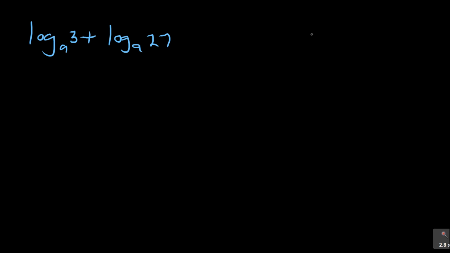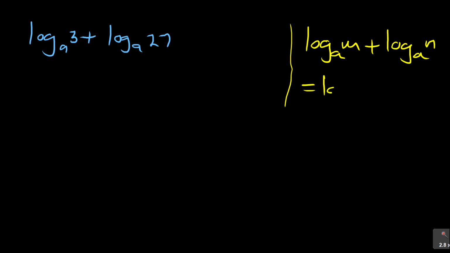Look at this. It's a simple law we are using. It says if you are given log base a of m plus log base a of n, equal to log base a of m times n. When it's adding, you multiply.